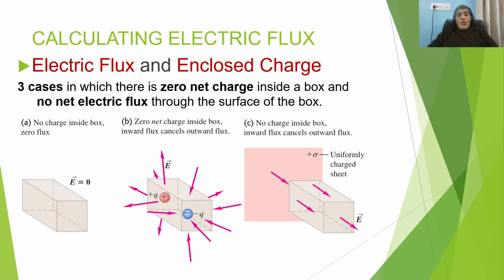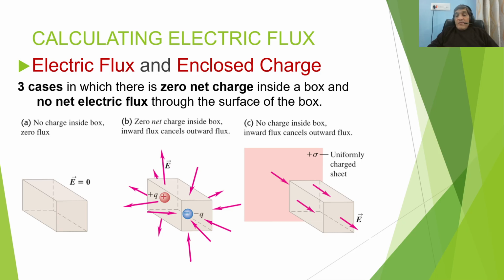The arrows moving away from the surface are the electric field because of the plus Q charge, and the arrows moving towards the closed surface are the electric field of the negative charge. But the net charge inside the surface is zero because the negative and plus charges cancel each other's effects. So the charges are here, but the net charge is zero, so flux is zero.